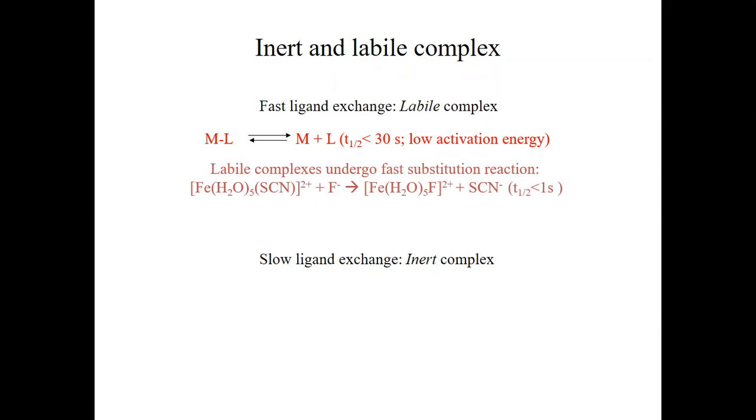So this reaction happens very fast because the half-life time of the iron sulfur bonds is very small, in this case smaller than 1 second. So that means that in less than 1 second, 50% of the iron sulfur bonds have statistically cleaved.